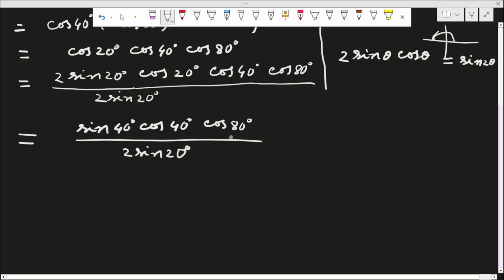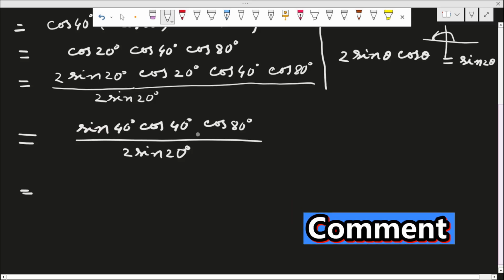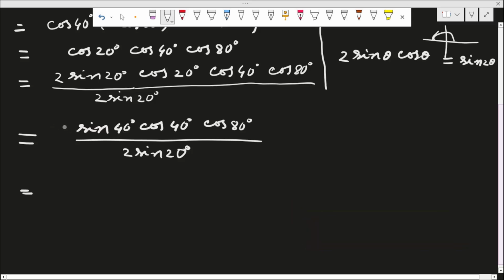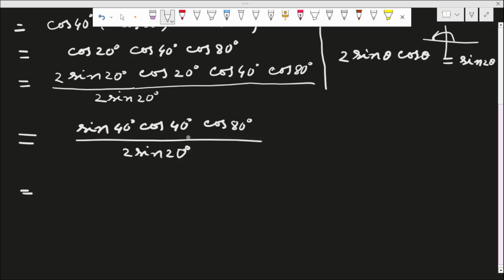First reducing the numerator, the denominator as it is. I can say sin theta cos theta; if we write here 2, a similar formula can be used. So writing here 2, another 2 in the denominator. 2 sin theta cos theta is equal to sin 2 into 40 degree, 80 degree.